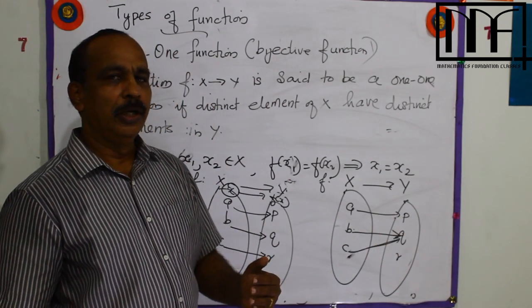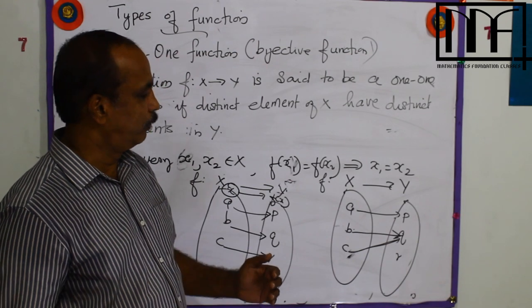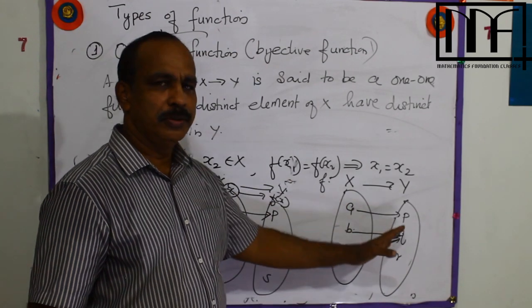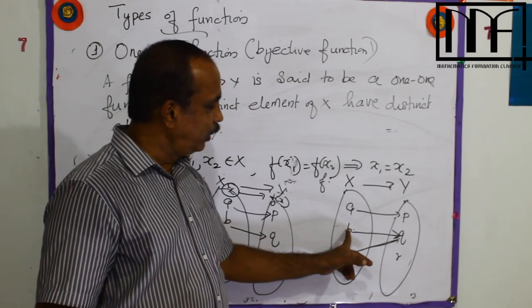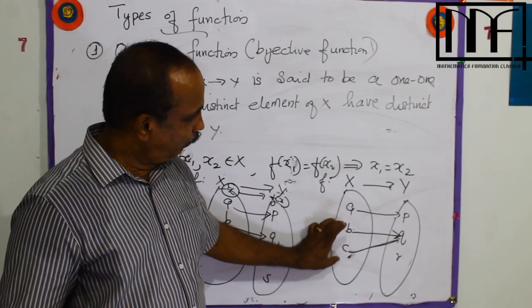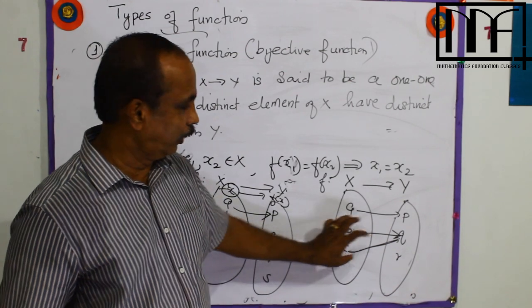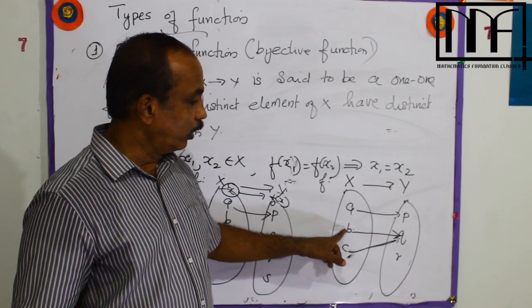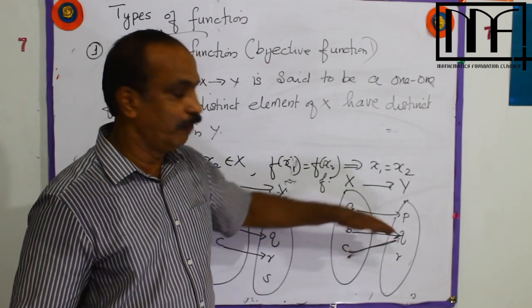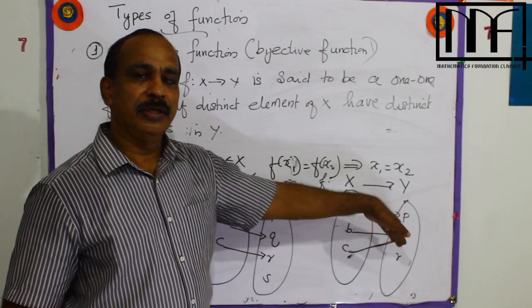Condition two says that no element is having more than one image. Therefore Q is the image of B and C, it doesn't matter. So B and C, two elements, share the same image, which means B is not having its own image, C is not having its own image. They are sharing it.